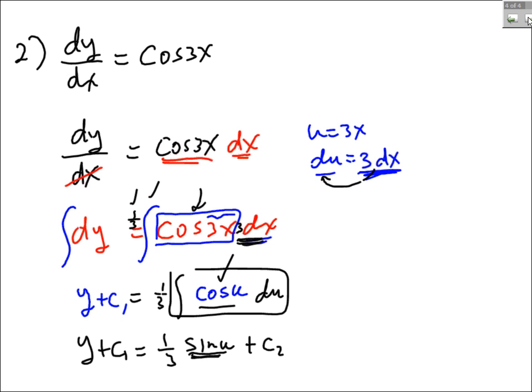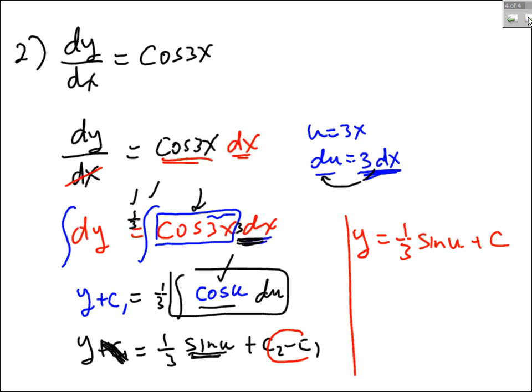So each side is going to get a constant. But if you bring this plus c1 over to the other side, well then, that c2 minus c1, I'll just call it big C. It's just a constant. Y is 1/3 the sine of u plus some constant.